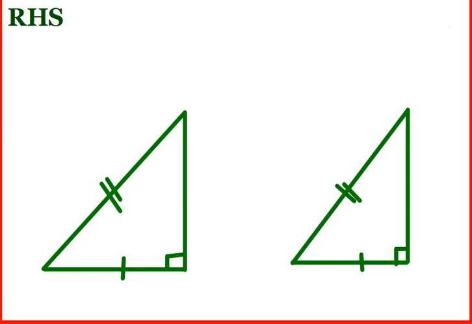If the hypotenuse and one side of a right angle triangle, so it has a 90 degree, that means it's a right angle triangle, are equal to the hypotenuse and the corresponding side of the other right angle triangle, then the two triangles are congruent.